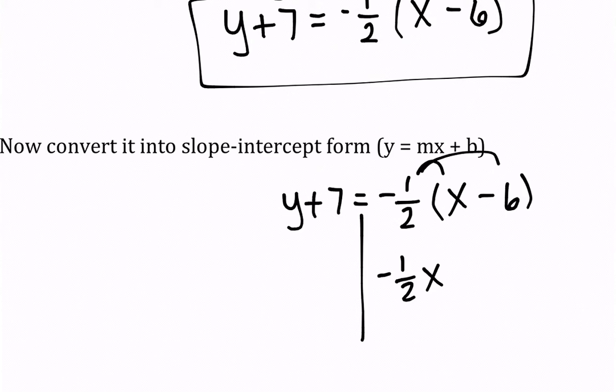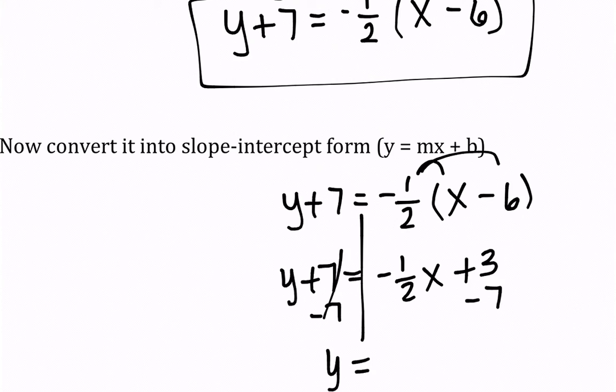Negative 1/2 times a negative 6 is a positive 3. My y plus 7 on the other side drops down. All I have left to do is get rid of this plus 7, and I'm going to do that by subtracting 7 on both sides. So I have y equals negative 1/2 x. 3 minus 7 is a negative 4, so minus 4. All right, and there it is.